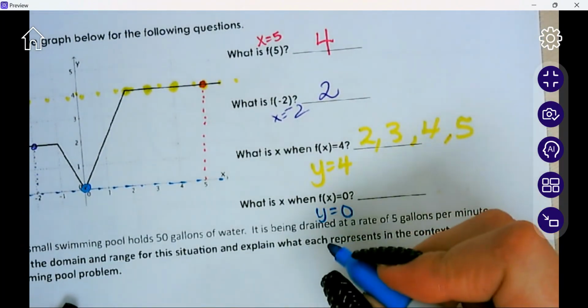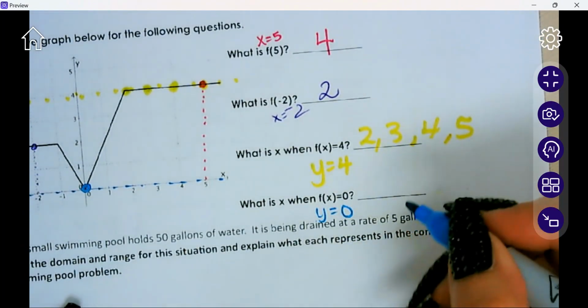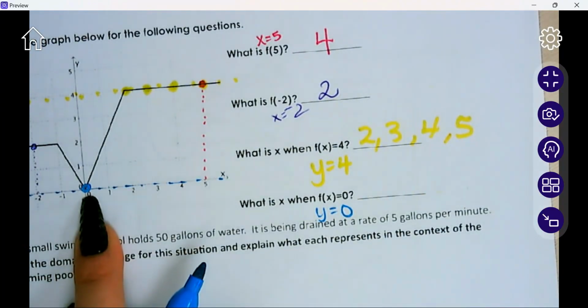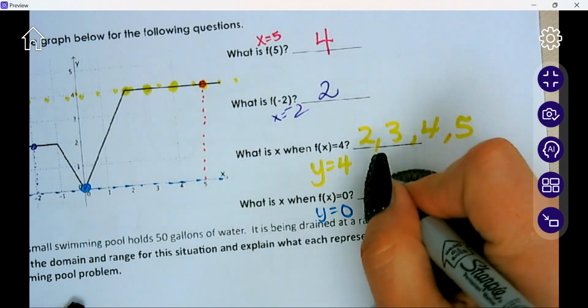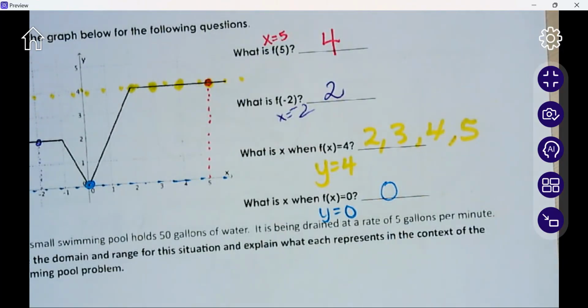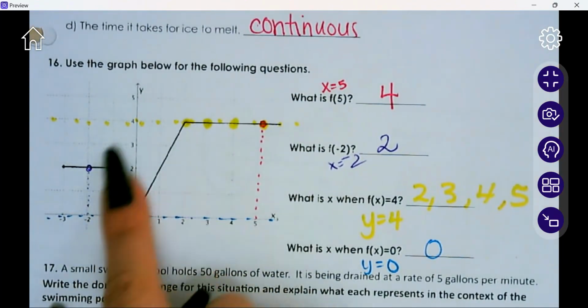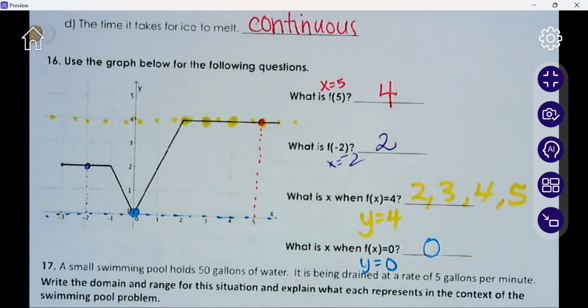Okay? So what that means is the y value is 0, and also the x value is 0. Okay, so taking a look at those, you can see it's similar, but instead of looking at a table, you have to distinguish it in the graph.